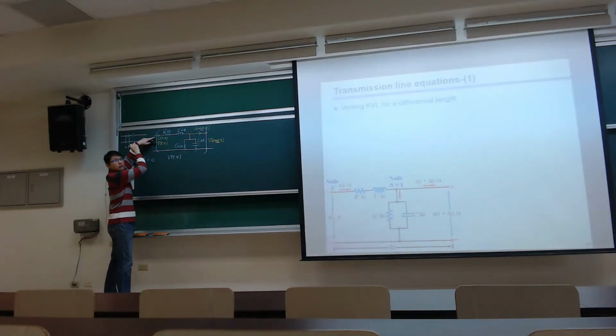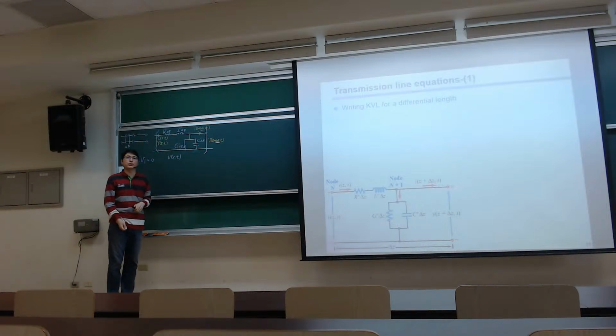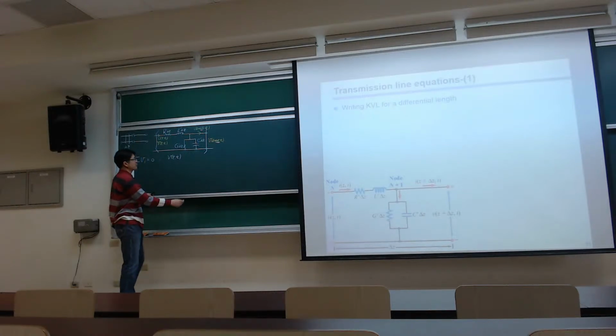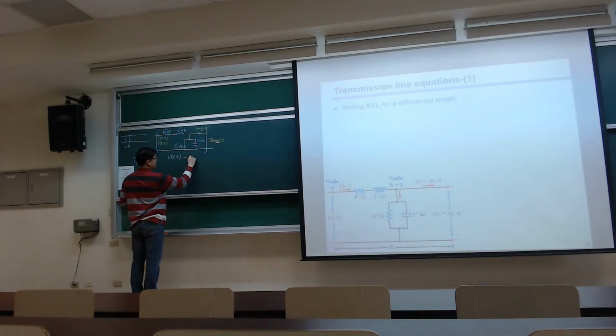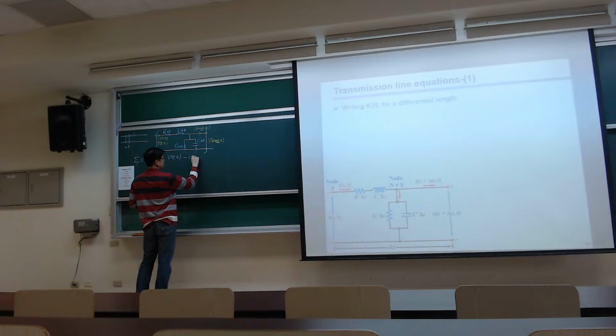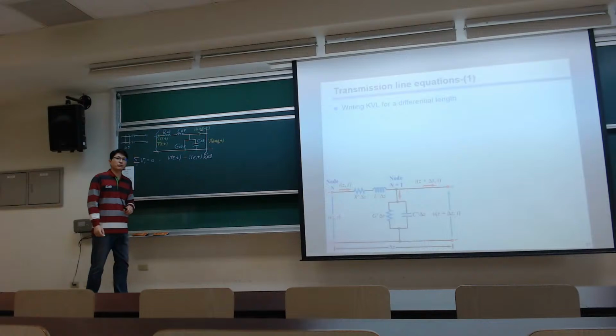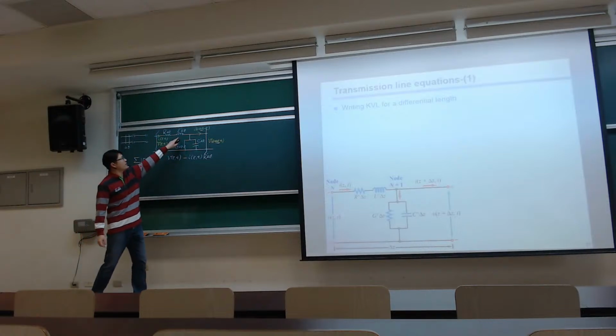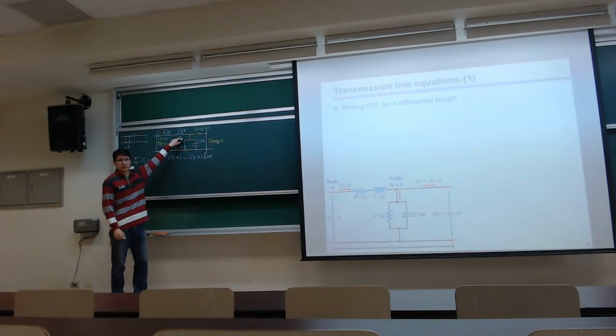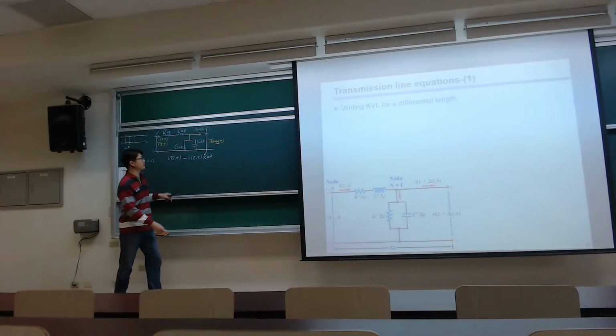As I travel along with a voltage wave on the transmission line, I suffer from some kind of voltage losses. So the first loss is due to the resistor. That's my first voltage loss. And then I encounter the inductor. I suffer again another voltage loss.